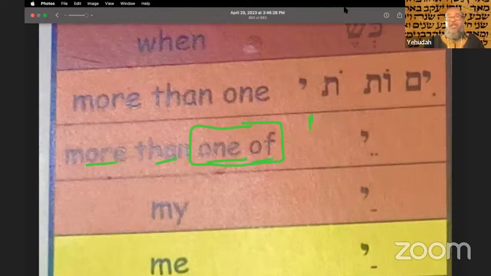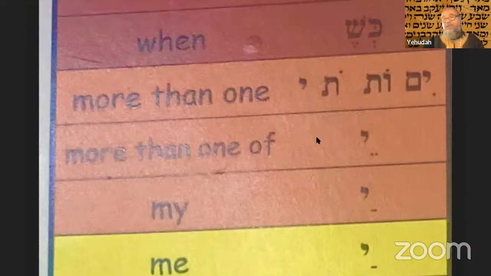But if I'm talking about the sons of Israel, I wouldn't say banim Israel. I would have to go through what they call a semikhut. I know you guys don't remember, but that means I'm literally going to lay my hands on one thing and transfer it to something else.